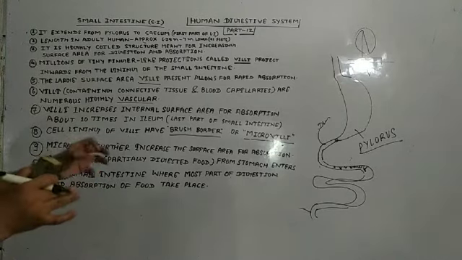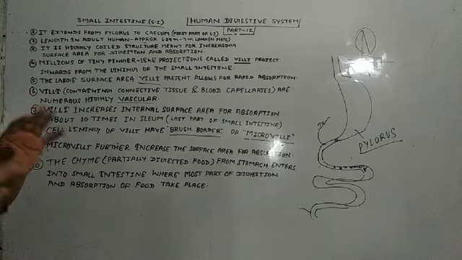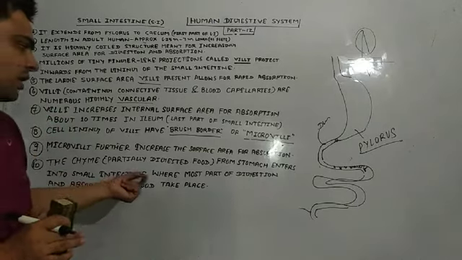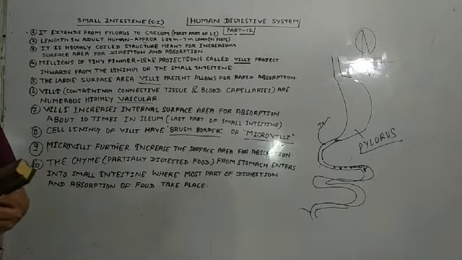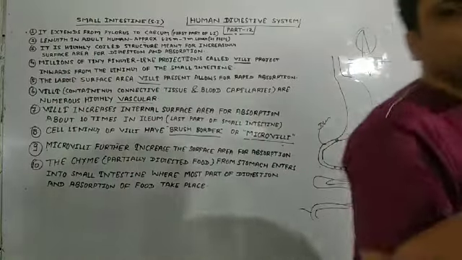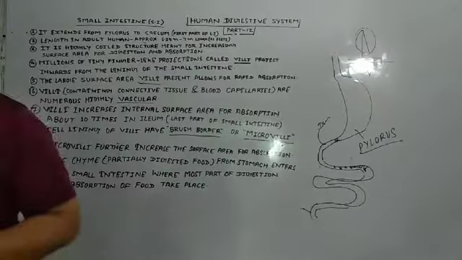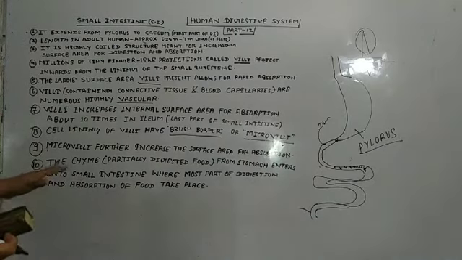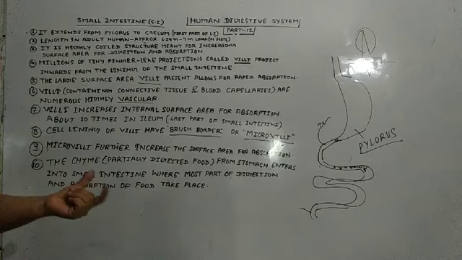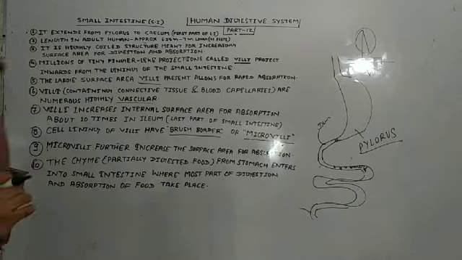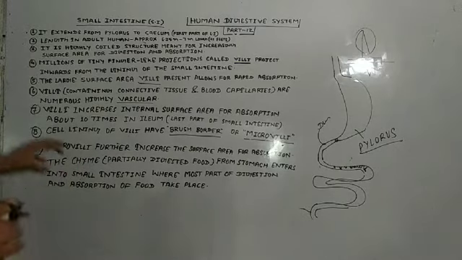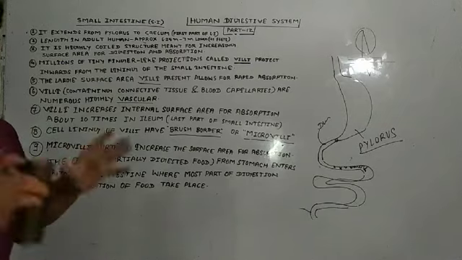There it receives various types of intestinal juices, and other juices come from the pancreas, the liver and other organs. They act on this chyme and play a role in digesting it, so complete digestion of chyme takes place in the small intestine.